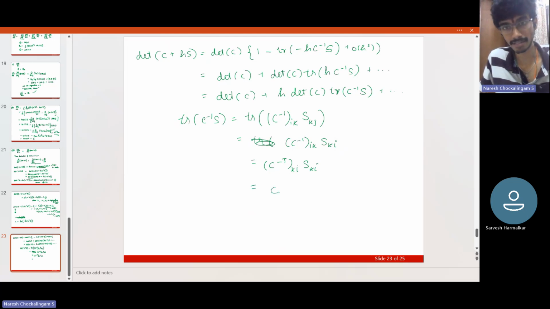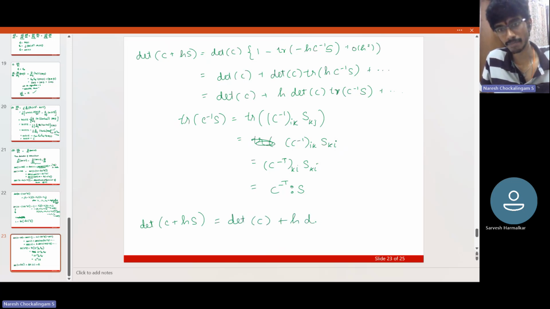Therefore, this is nothing but C inverse transpose double contracted with S. So what do we get? Determinant of C plus HS is equal to determinant of C plus H determinant of C times C inverse transpose contracted with S, plus higher order terms in H.